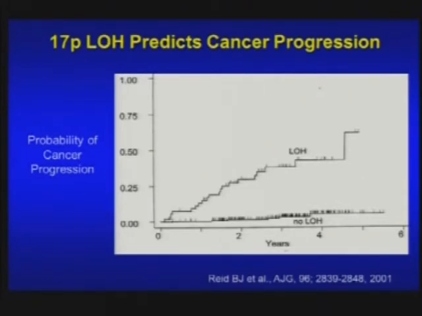Biopsies were done at the first session. Patients were followed over time to see who did or did not develop cancer. And they looked at LOH. In patients without LOH, again, there was a low rate of progression to cancer. However, if the biopsy showed LOH, the rate of progression to cancer at 5 years approached 60%.